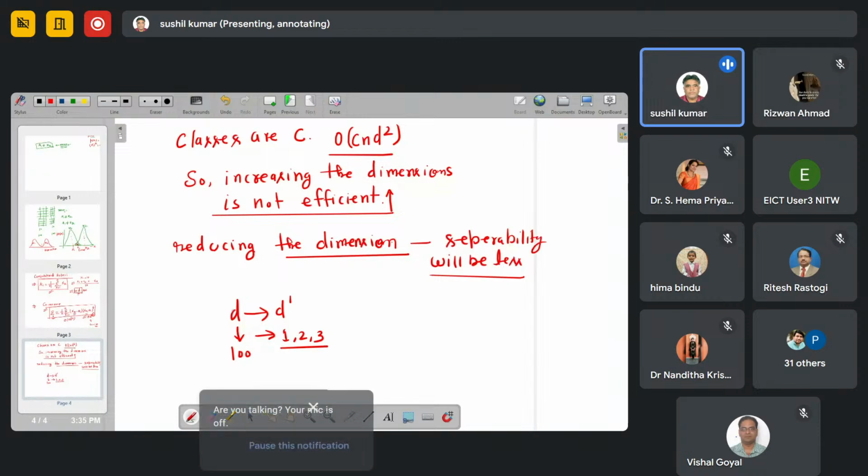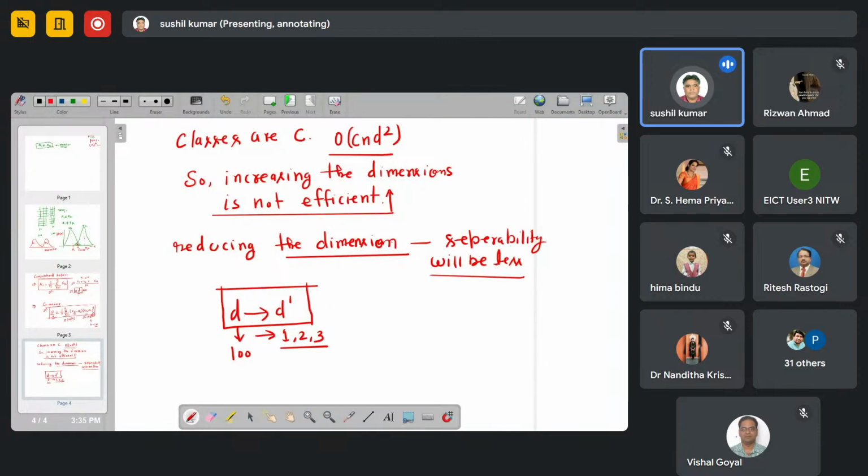So the original dimension is D, and we will project these original dimensions onto D dash, where D dash is less than or equal to D. It doesn't matter what the dimension in your problem is. Somehow we will reduce these dimensions.